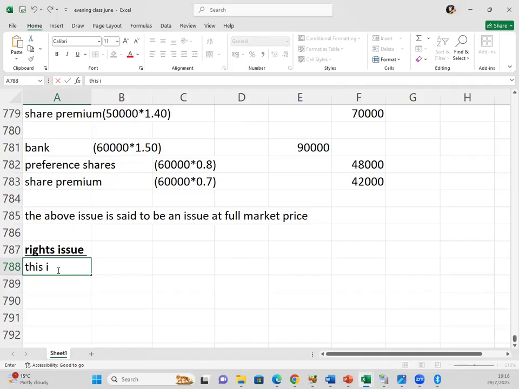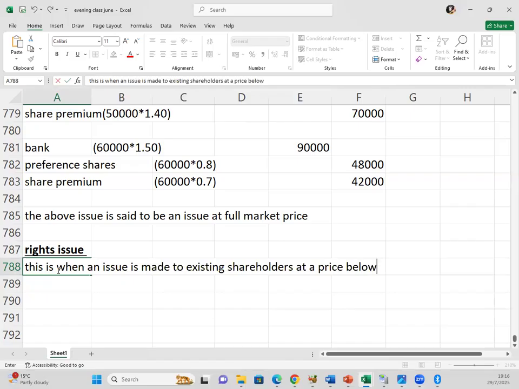So this is when an issue is made to existing shareholders at a price below the market price.